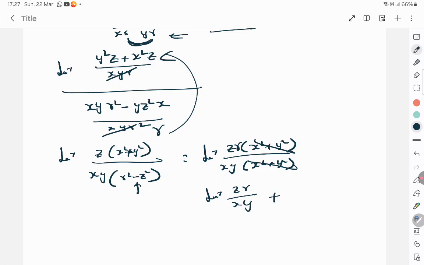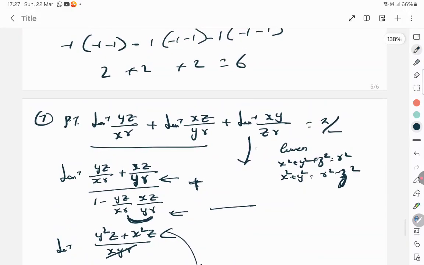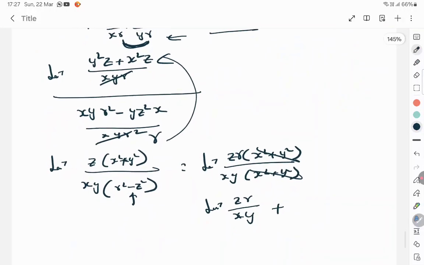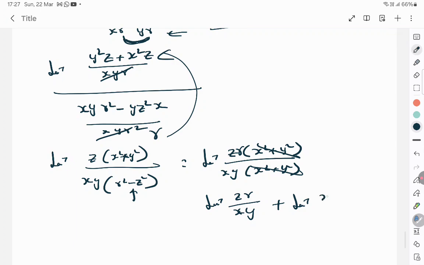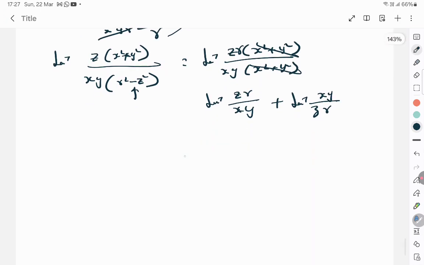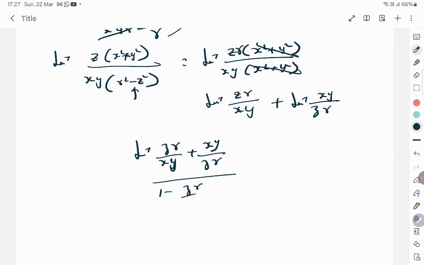Now you can bring the next term, which is an unresolved term, which is tan inverse of xy by zr. So just solve this again. It's tan inverse of zr by xy plus xy by zr, by 1 minus zr by xy into xy by zr.